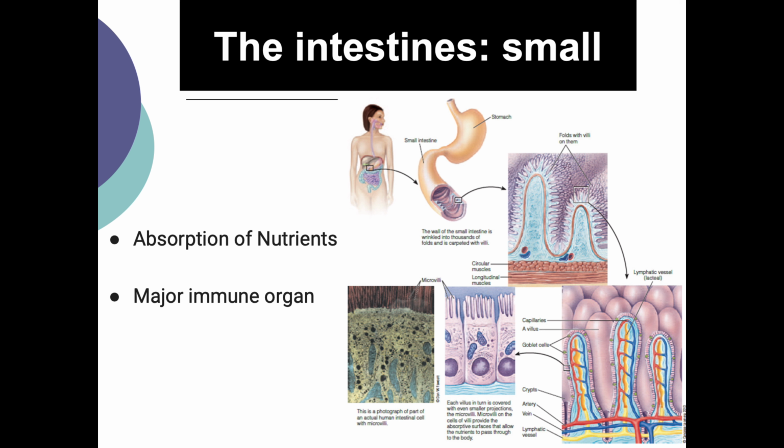Some of the larger fatty acids will enter these lacteals, and these are lymphatic systems. So large fats come in differently from the amino acids and the sugars. The large fats are coming into your lymphatic system.